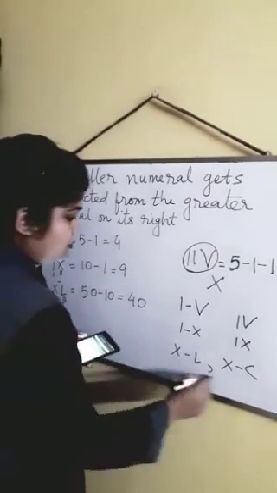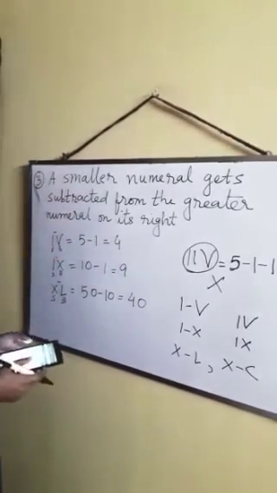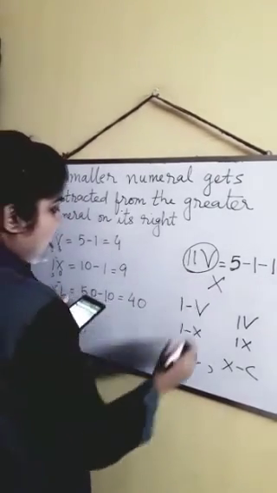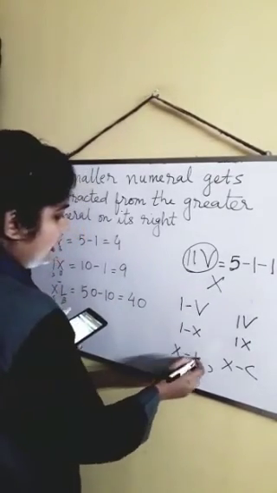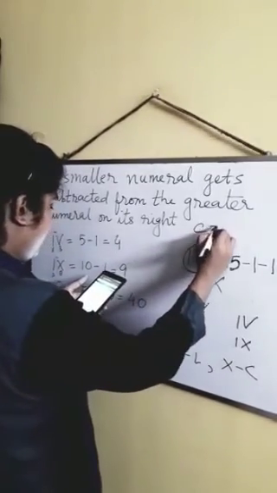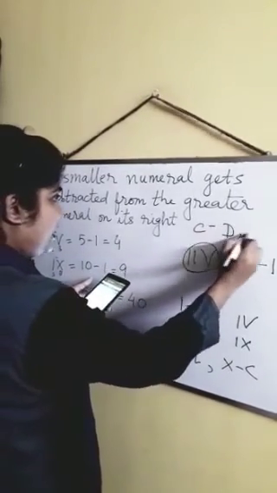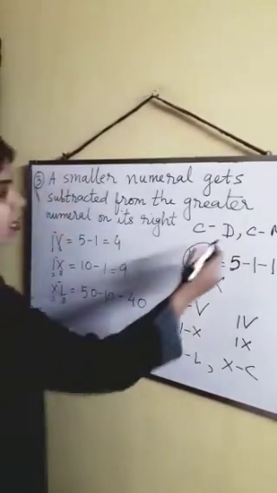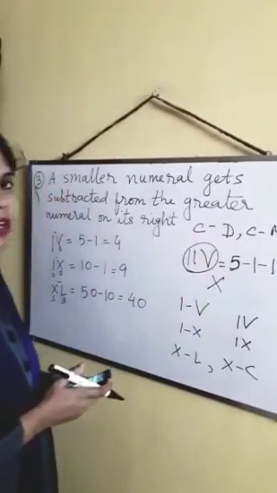We cannot subtract double X from L. C can be subtracted from D, and C can be subtracted from M only. From the bigger number we can subtract the smaller number.